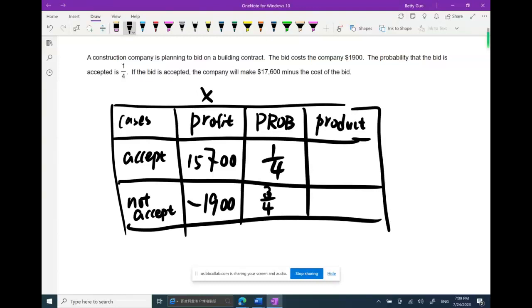The probabilities in the probability column always add up to 1. They are complements in this case. Then we multiply the profit with the corresponding probability for each case. This one is 15,700 over 4. And this one is negative. Let's see, what is 1,900 times 3?